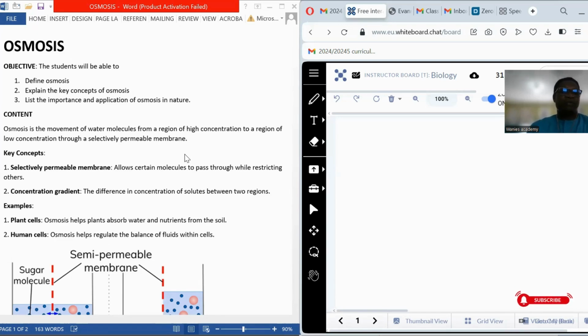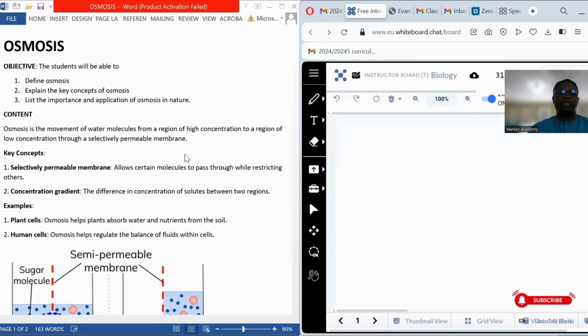The first one I'll talk about is the selectively permeable membrane. A selectively permeable membrane can be a tissue or material that will allow for the passage of some molecules of substances, and it will hold back some substances from passing through its membrane.